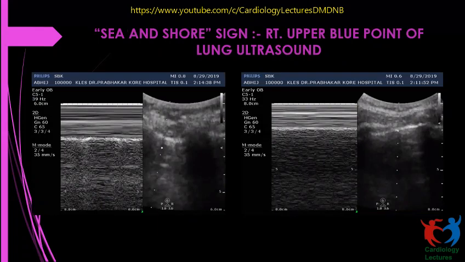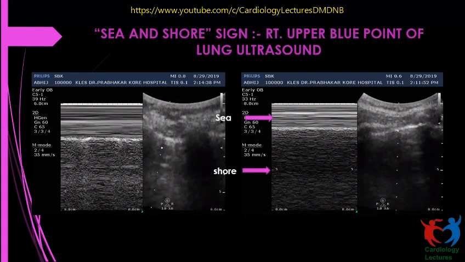So when I put an M mode across it, by decreasing the sector depth and putting the M mode between the 2 ribs, what we get in M mode is something called the C on the upper side and the gravel, or the shore, on the lower side of the image. So in the near field you get a C-like thing, then there is an edge, and then there is a shore.